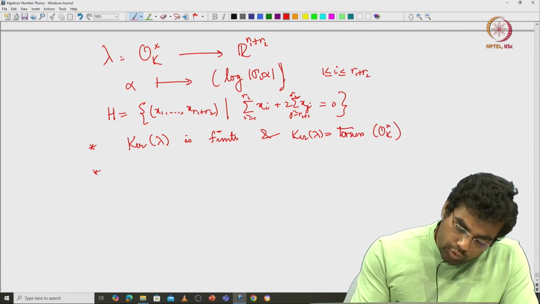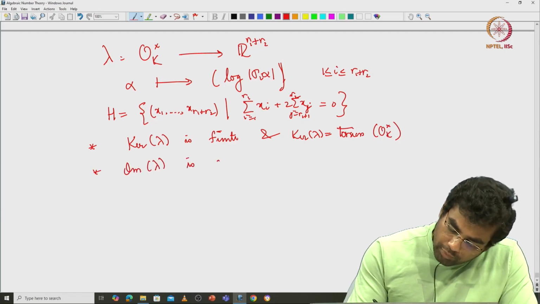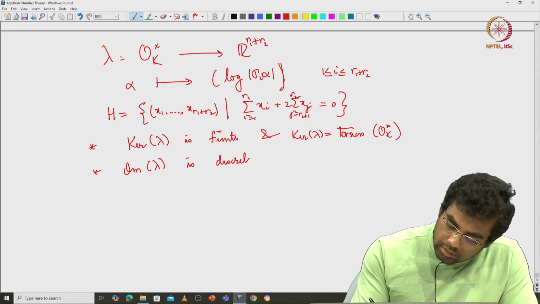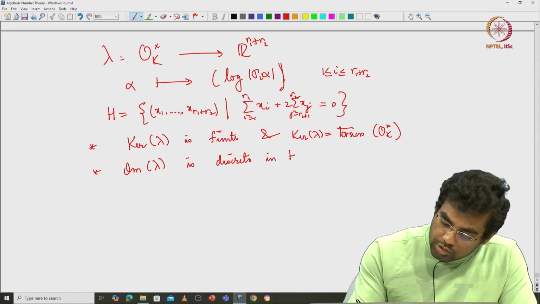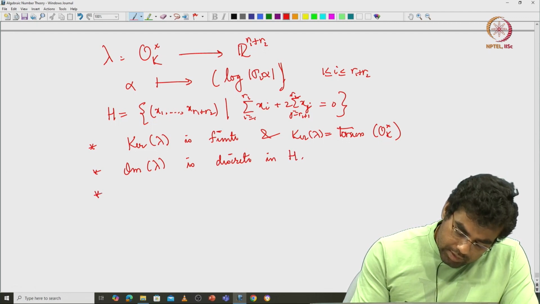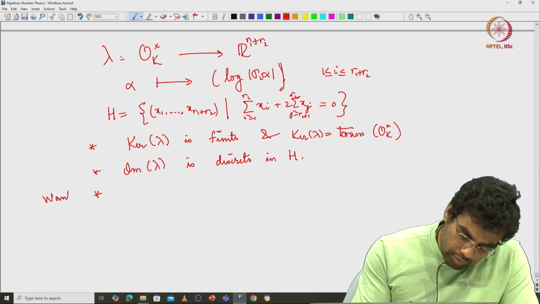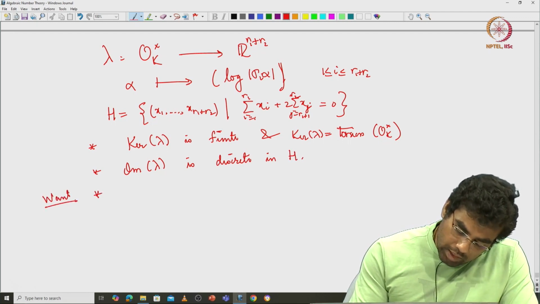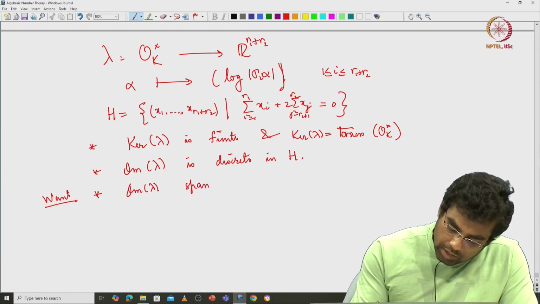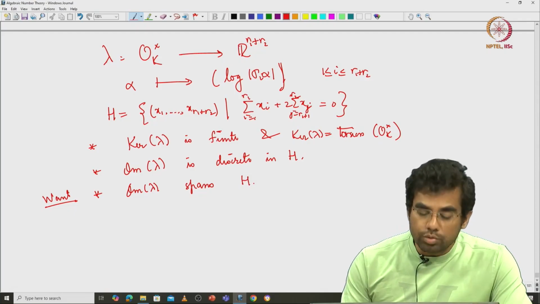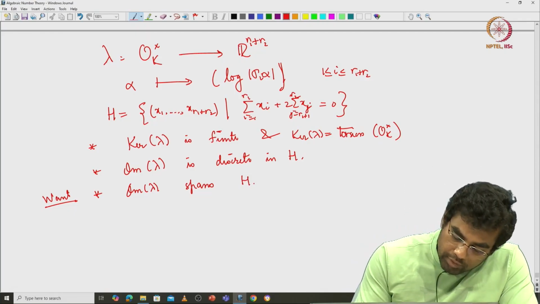And then we proved that the image of lambda is discrete in H. And lastly, we want to prove today that the image of lambda spans H. And to do that, we did the following.